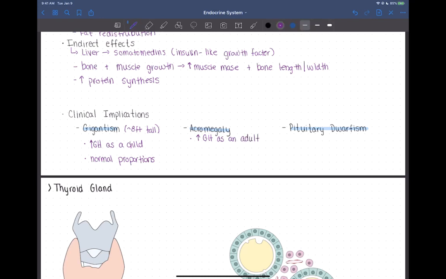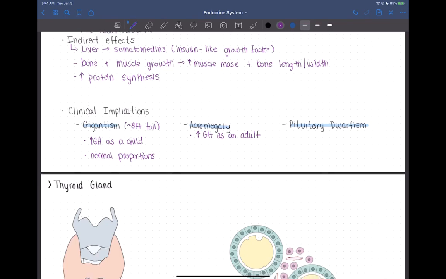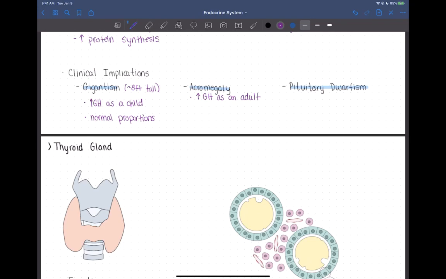Okay. And so the difference here is, as an adult, that epiphyseal plate has calcified, and so the bones cannot grow in length anymore. And so what you end up seeing with acromegaly is that there is an increase in finger width, chin width, foot, and nose width.